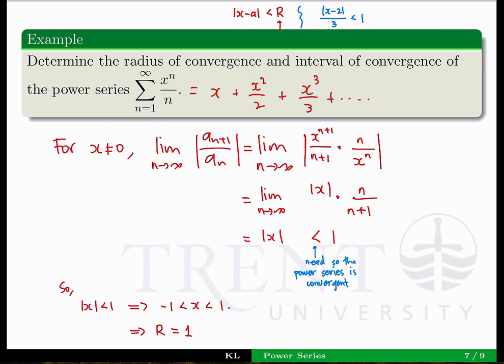So you have to isolate the absolute value of x minus 2. In this case, you will be able to write absolute value of x minus 2; if you multiply 3 on both sides, that absolute value will be less than 3. And this becomes your r for this case.